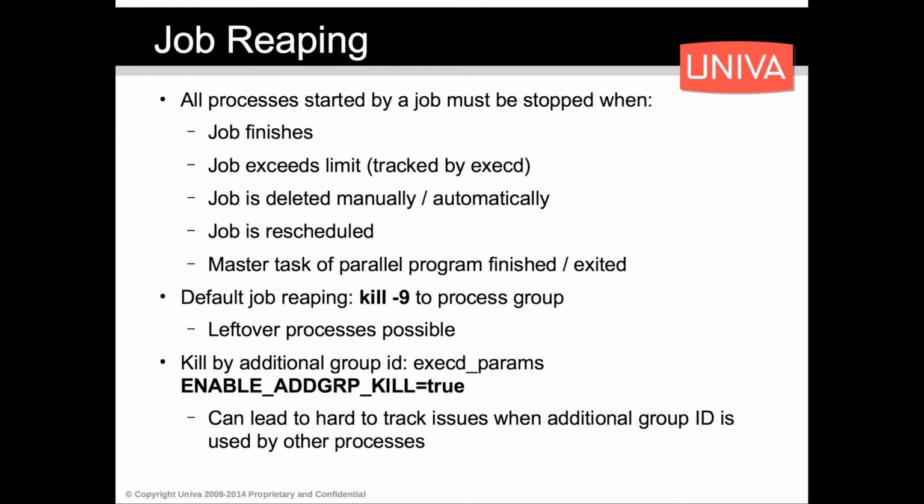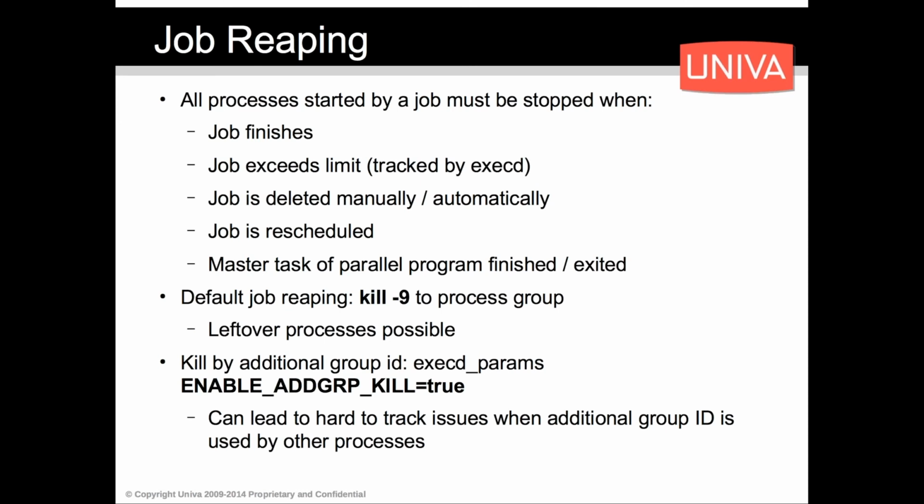GVIM itself creates a new session and a new process, and therefore also a new process group. And this is not tracked from Grid Engine anymore. Then you will see that your GVIM session stays open while the job is already finished.